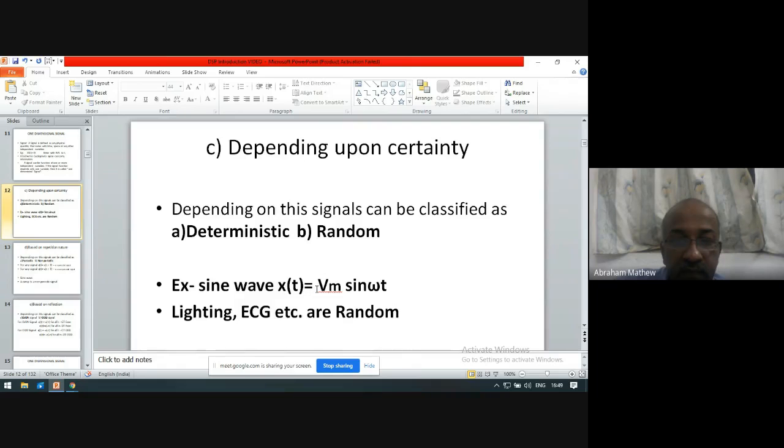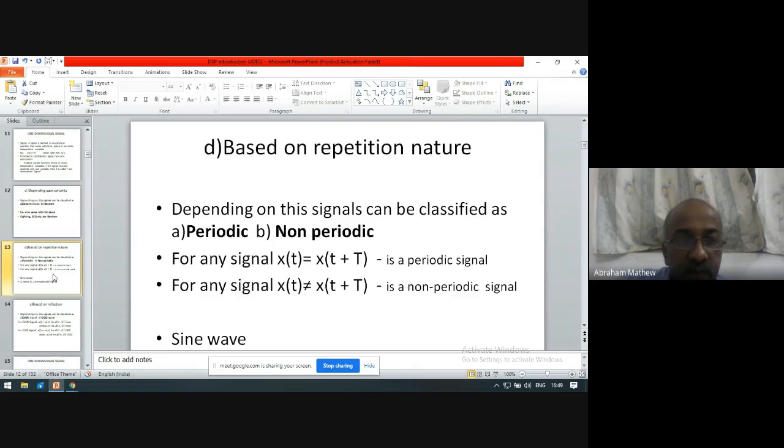At any time, we can predict the value of the signal. That's a deterministic signal. Whereas a random signal, we cannot predict the value of the signal at any instant. Lightning is an example for a random signal. ECG.